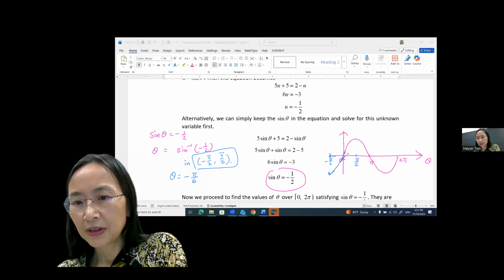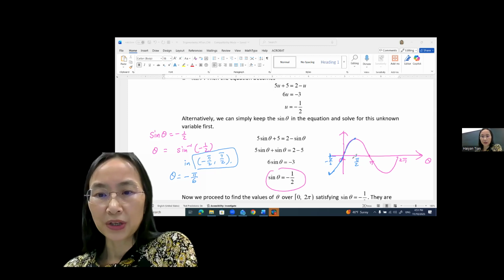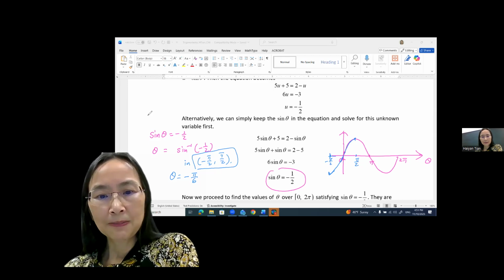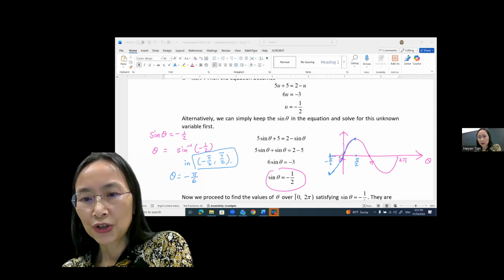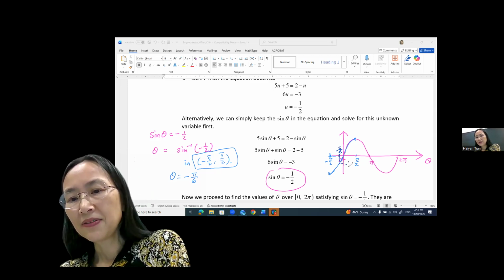So only in this portion of the sine function can we do the inverse, remember? So we found theta, which is negative pi over 6 here, and its sine value is negative half.